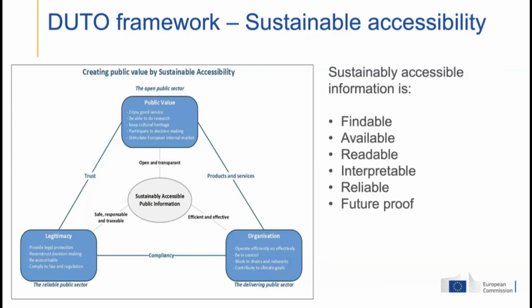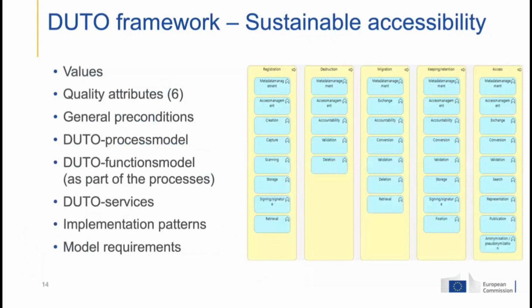And sustainable accessibility of information means that it adheres to these 6 quality requirements you see on the screen. And these quality requirements are the connection between the EAG white paper, the ABD scan, and the former and the current DUTO framework.